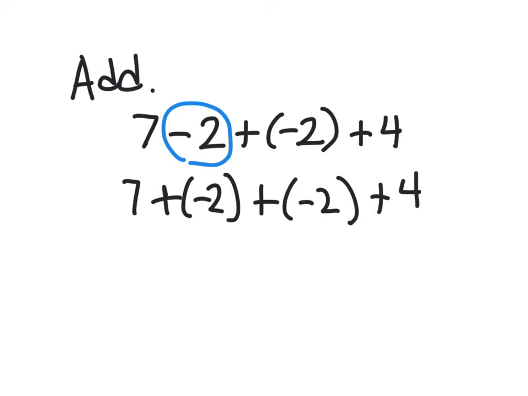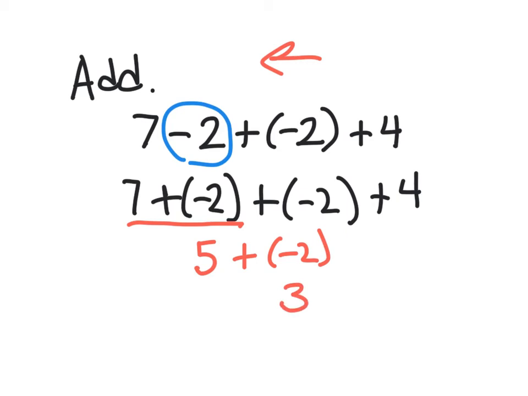So if I go 7 plus a -2, if that was on a number line, that would give me 5. And then if I add another -2, I would still be going left on the number line. This is the same as 5 minus 2, so that puts me at 3. And then I'm going to go plus 4. So this adds up to 7.